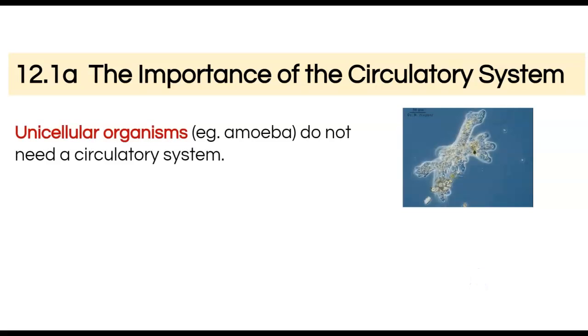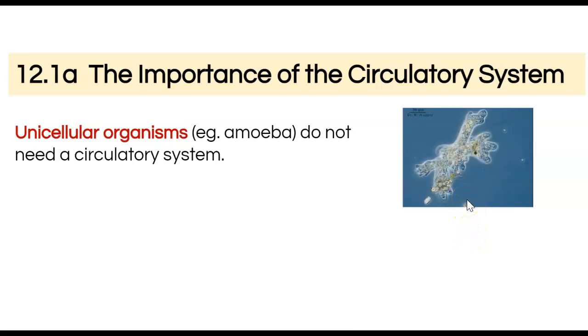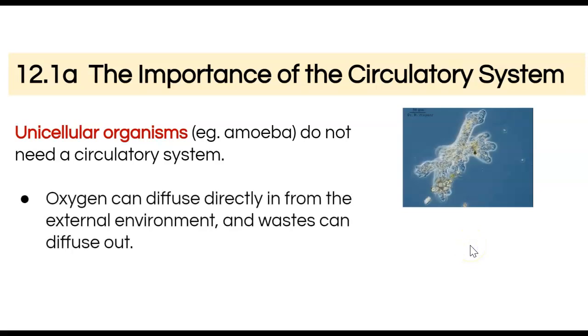So unicellular organisms are not going to need a circulatory system. And so why is that? Well, often they're living in some sort of an aquatic environment, and that facilitates the diffusion of materials. Any materials that they would need can simply diffuse through the surface of their cell, that cell membrane, and any waste can be expelled via the same sort of mechanism, right?